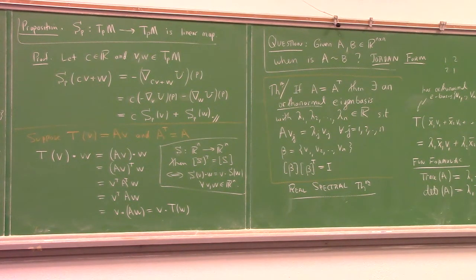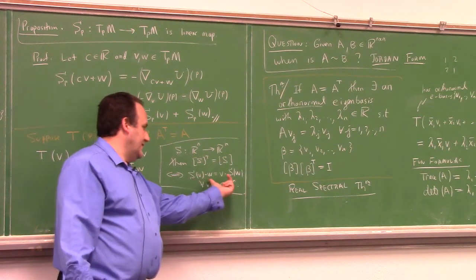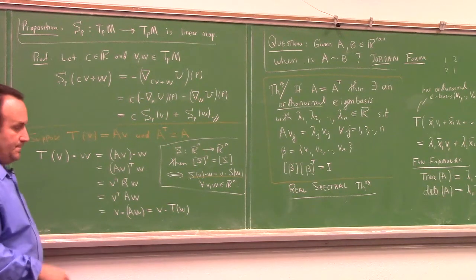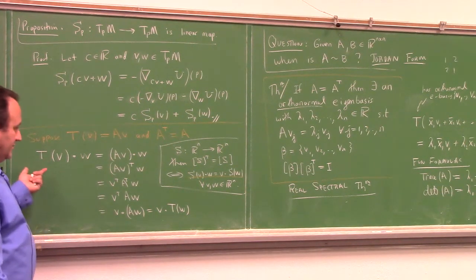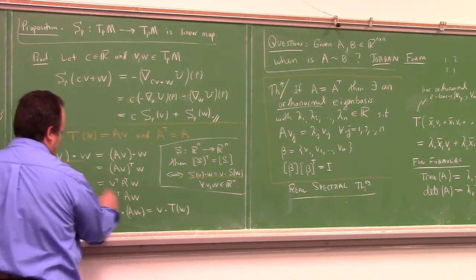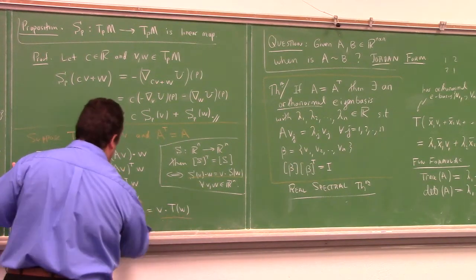We proved the forward implication, right? To prove the converse, suppose this condition is true for all v and w. Then by this calculation, this is equal to that, but this is equal to that.